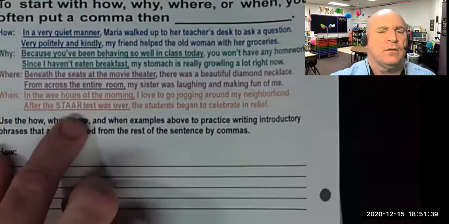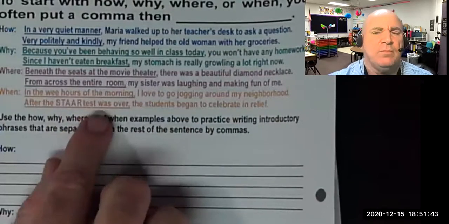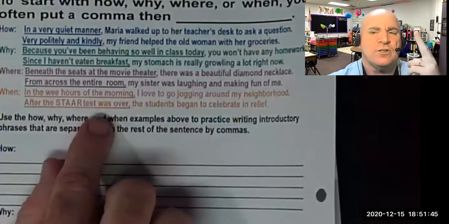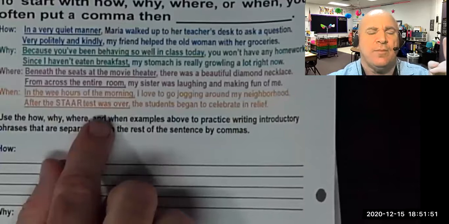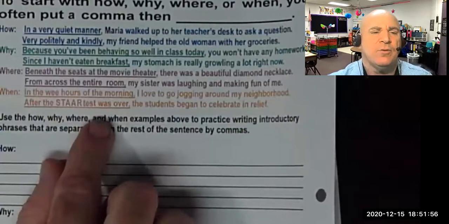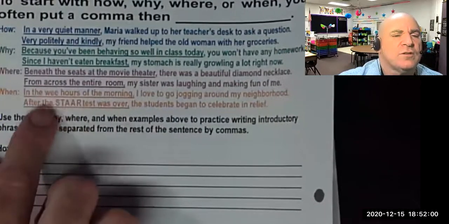Last night, the students began to celebrate in relief. Since last night would only be 2 words, and it's only telling me when, not a subject and predicate, I don't need a comma on that one. It's called an optional comma. And you'll see that many books will have them on less than 4 words and some won't.